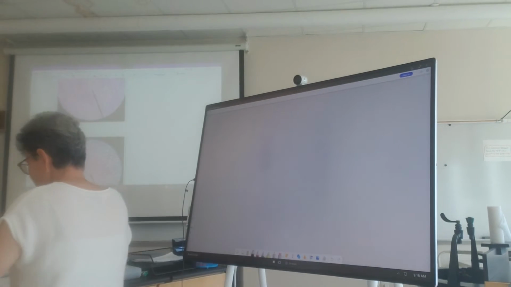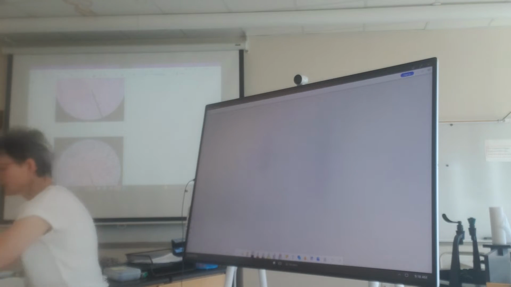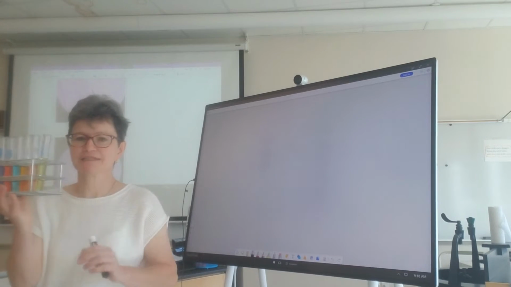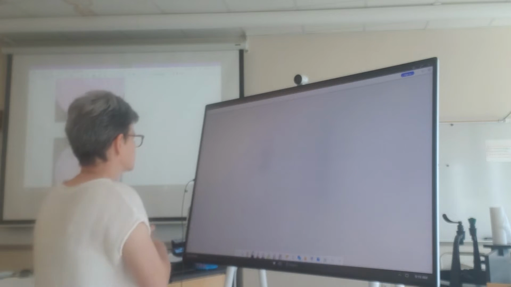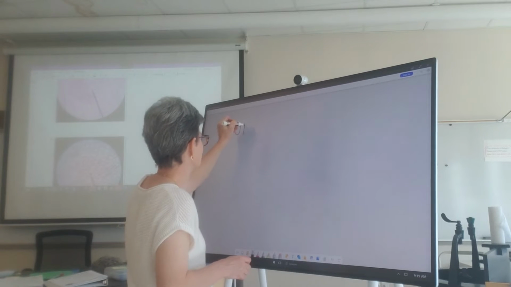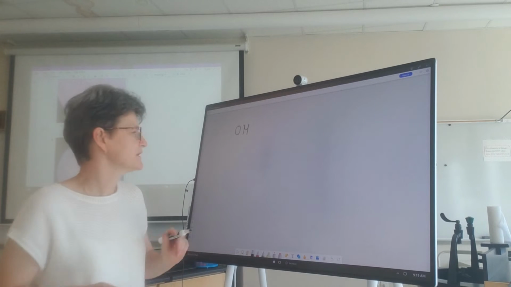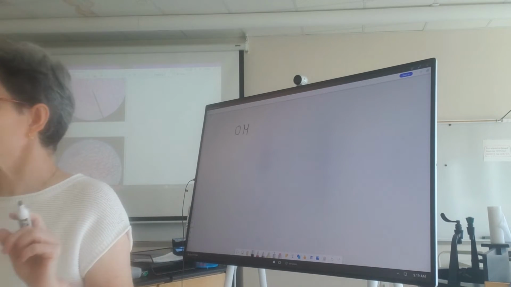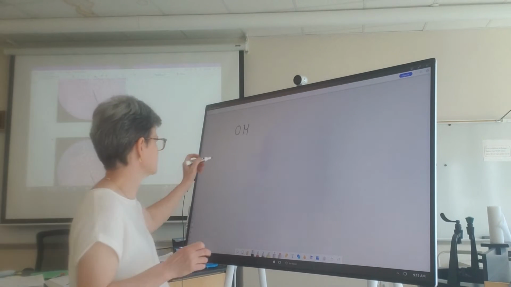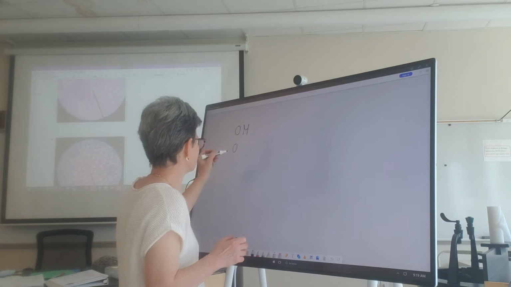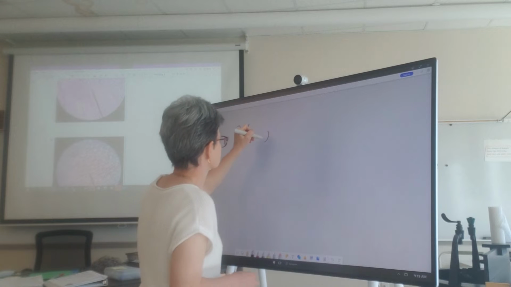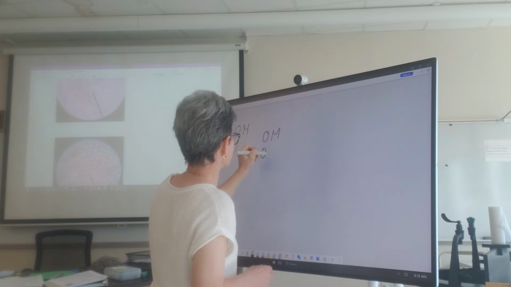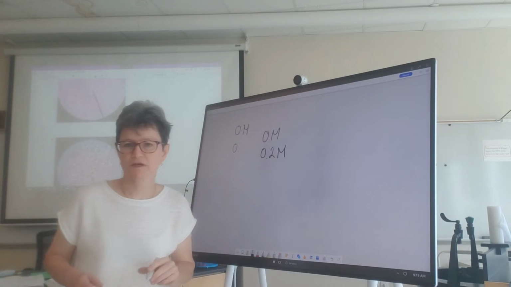So on your table you see 6 test tubes, and the 6 test tubes have different colors in them. One of them contains 0 molarity sucrose solution. That means there's no sucrose in the solution. Another one is 0.2 molar solution.